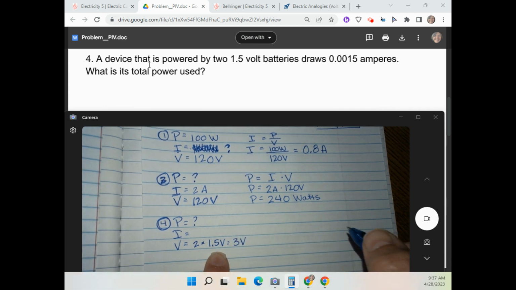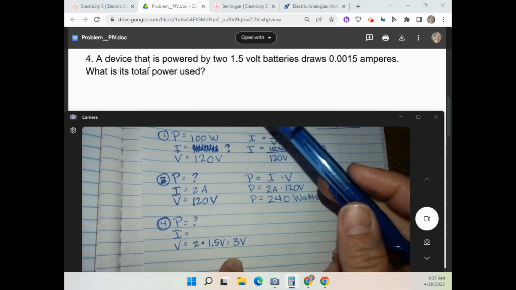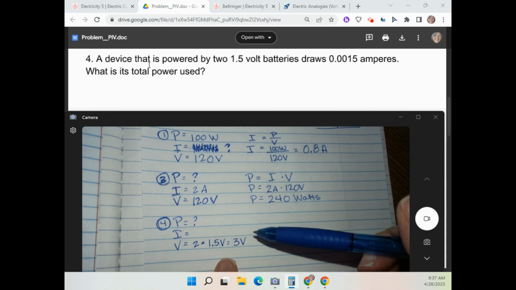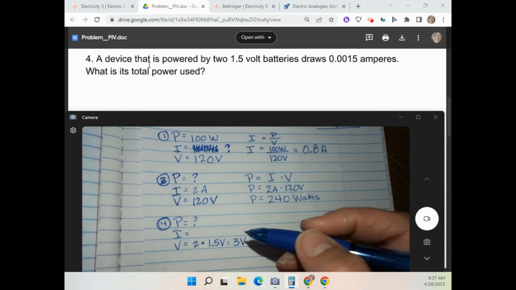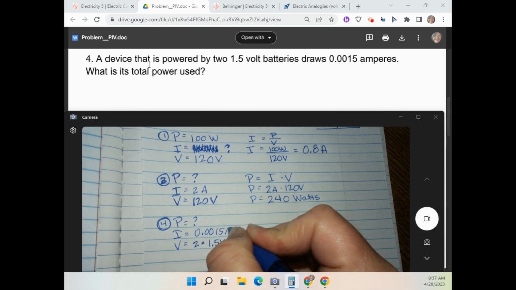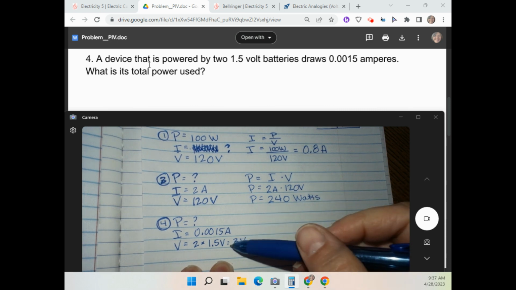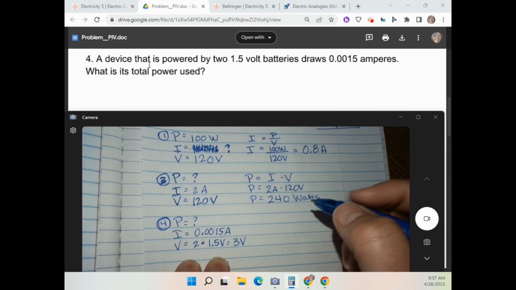So knowing that it's additive, in this case we could multiply because we have 2 sets of 1.5. So 2 times 1.5, or 1.5 plus 1.5, gives us 3 volts. And then it is drawing 0.0015 amps. Right? So that idea that we just add the number of volts together for the batteries is really important.